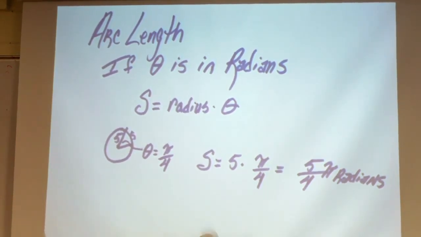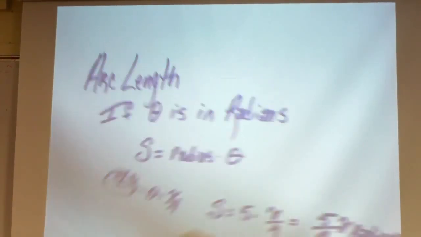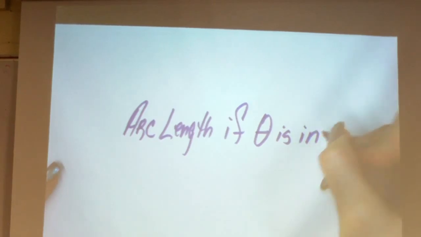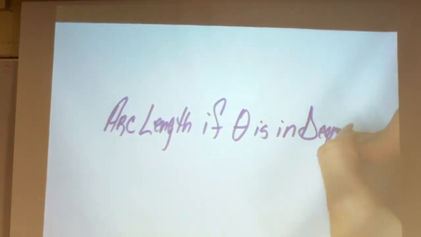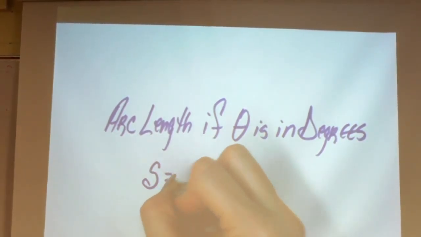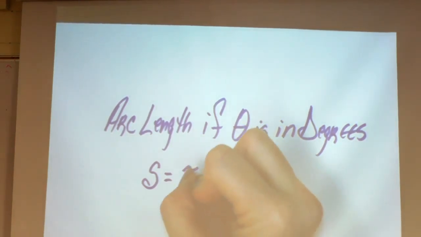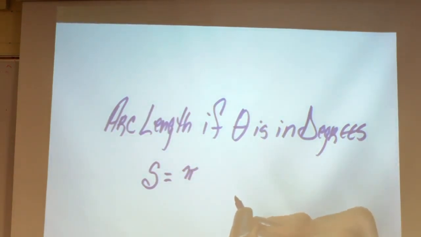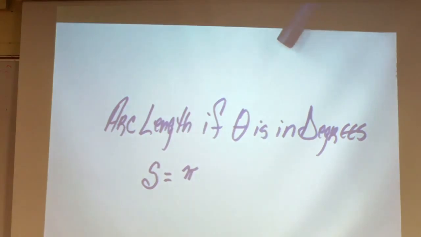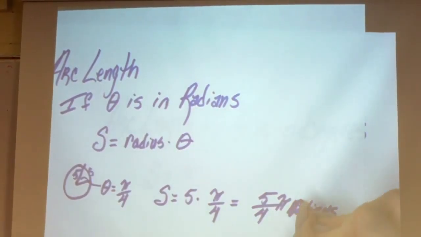Okay, so if our angle is in degrees, we use a separate formula. Arc length if our angle theta is in degrees. Sorry, you guys, on that last one, this is units, it's not radians.